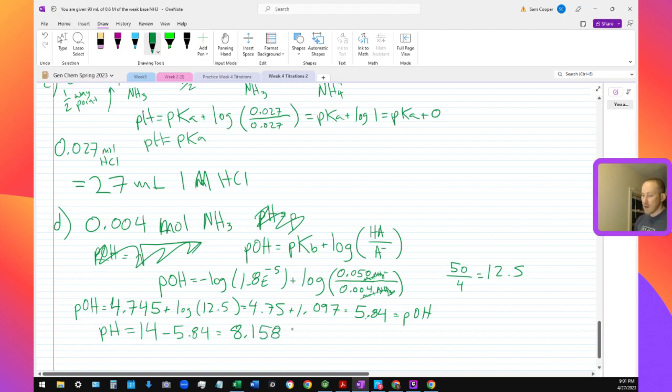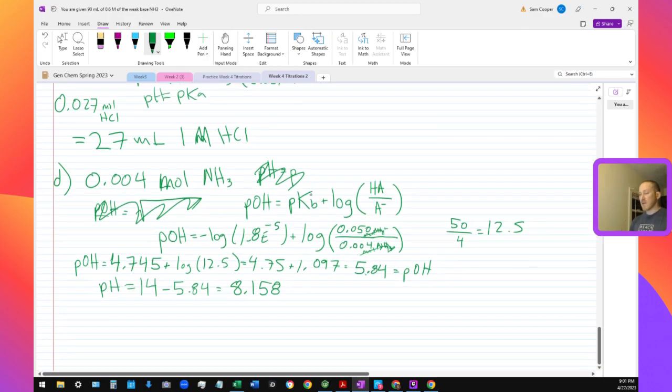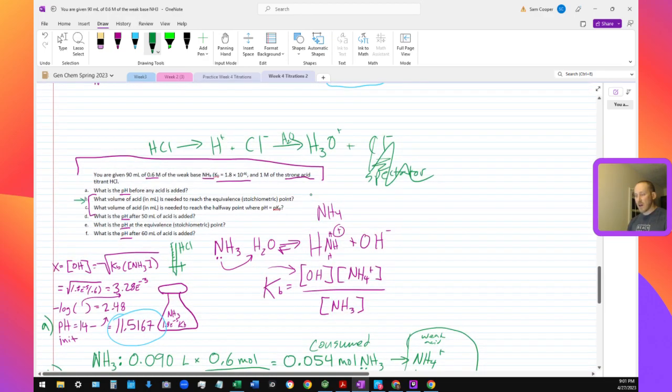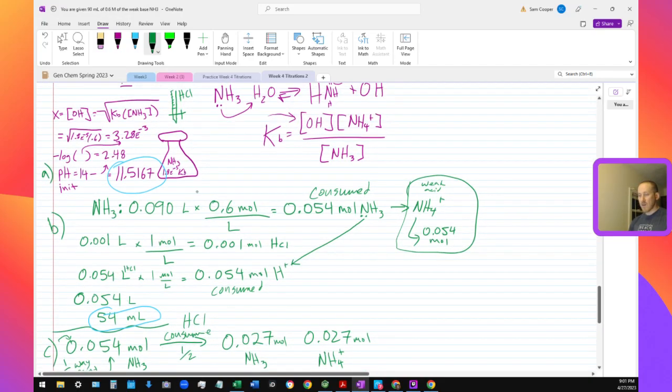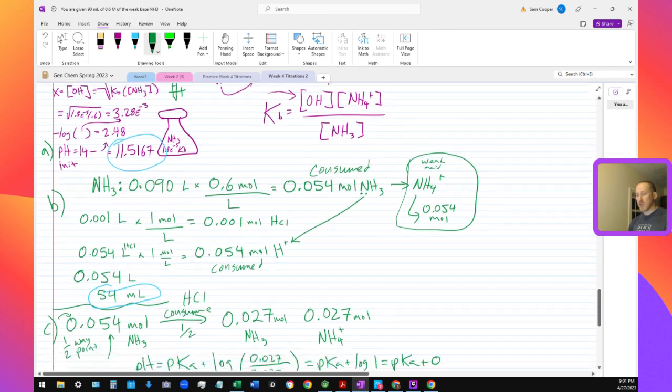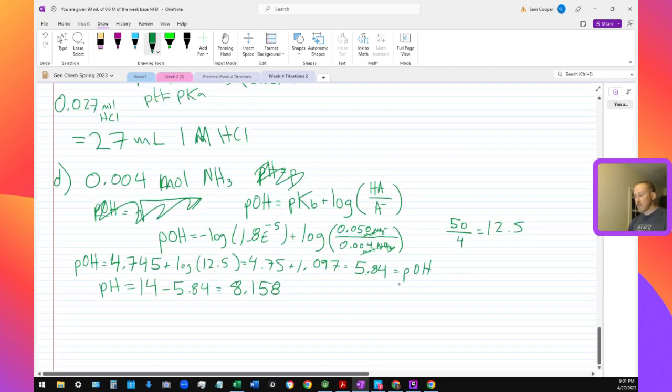8.158. And that totally makes sense because even though we started out with a much more basic solution, right, our first answer here was this 11.5. That's when it was just ammonia, but now we've consumed a lot of that ammonia and converted a lot of it into ammonium, NH4+, but it's still basic.